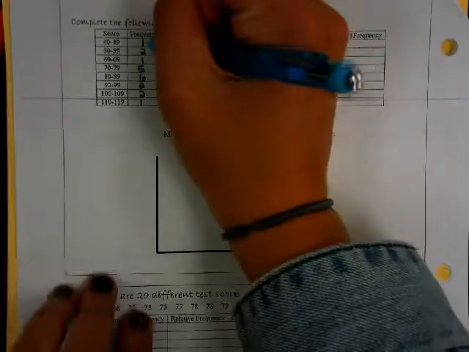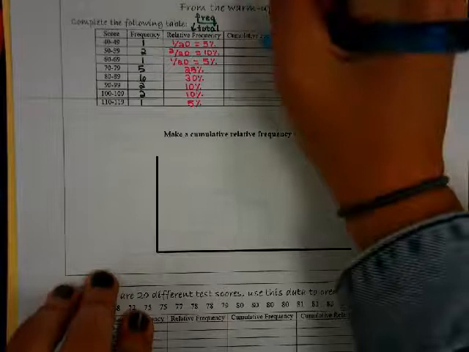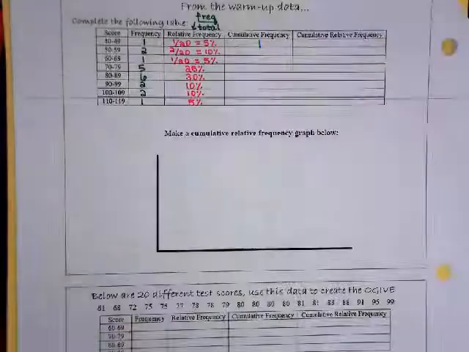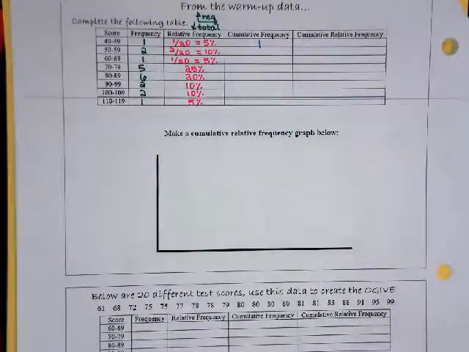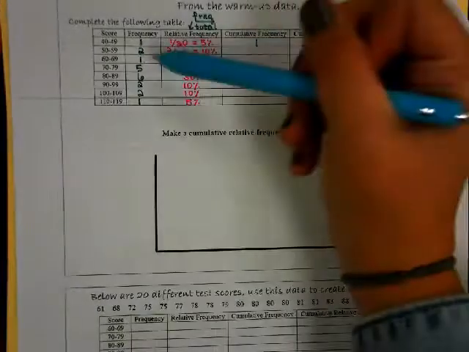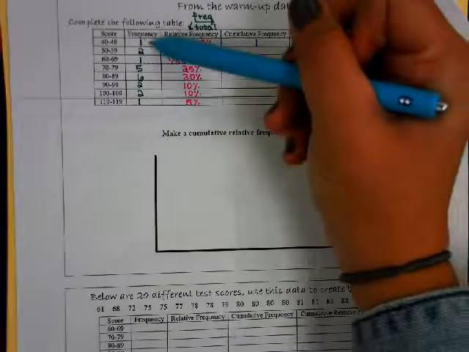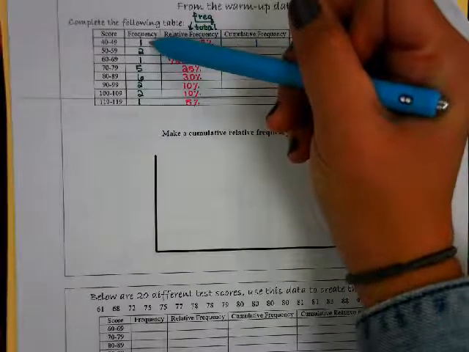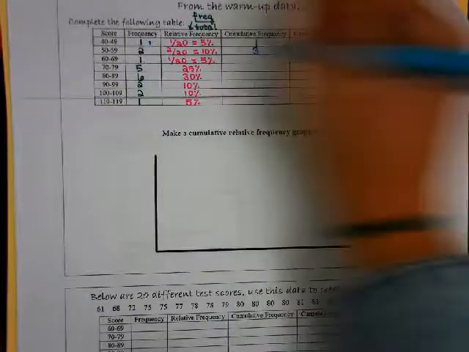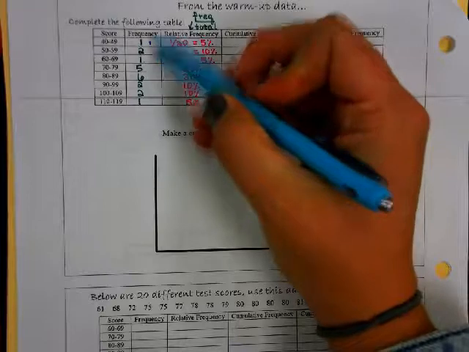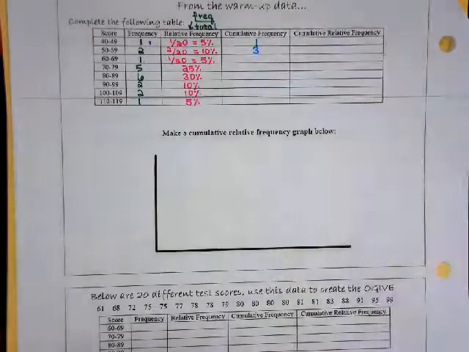So here, I had one score between 40 to 49. I didn't have any scores prior to that, so the frequency there is just 1. 50 to 59 had 2 scores, but we're also going to add the 1 from the previous range of scores. So really, we're just taking the numbers and adding everything prior to it.